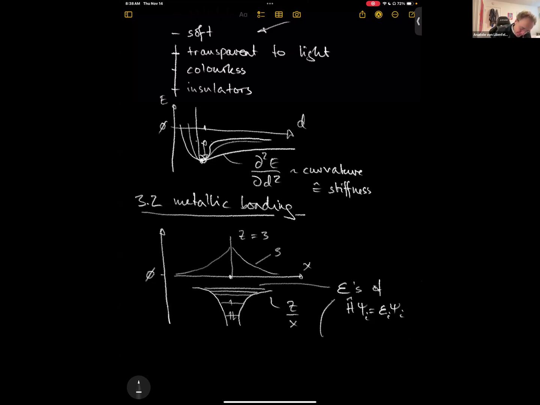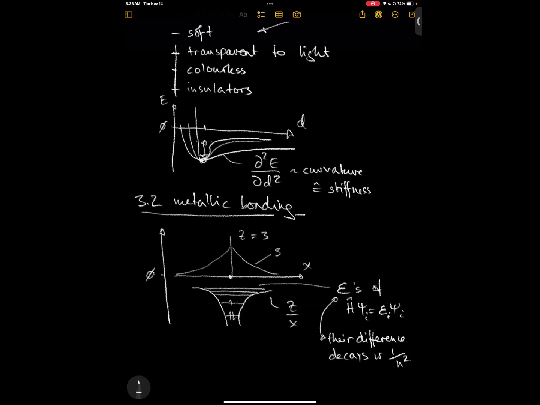Their difference decays with 1 over n squared. So the higher the quantum number, now I used i, let me put n here, the quadratically smaller the difference in eigenvalue.